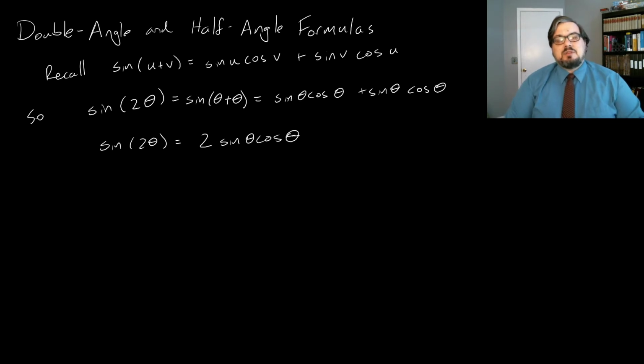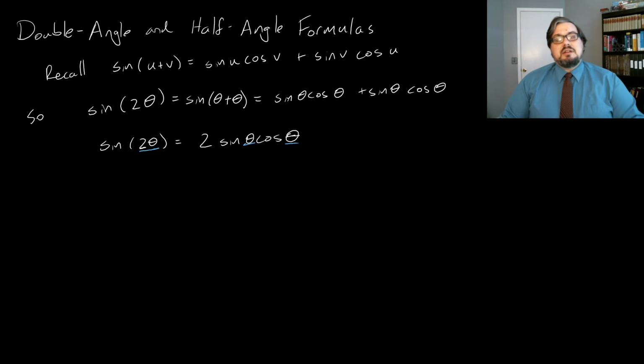This is an example of what's known as the double angle formula, and the reason is that it tells us a relationship between a function of double an angle and functions of just that angle itself.